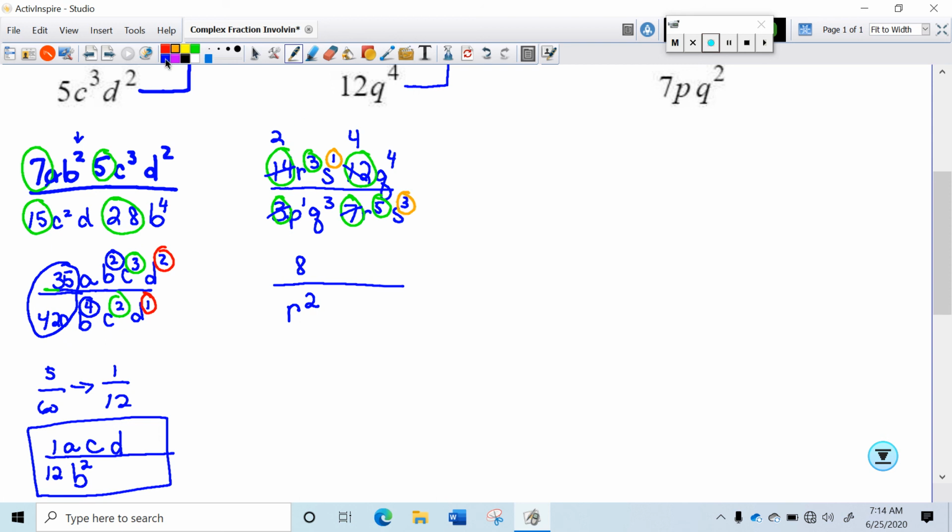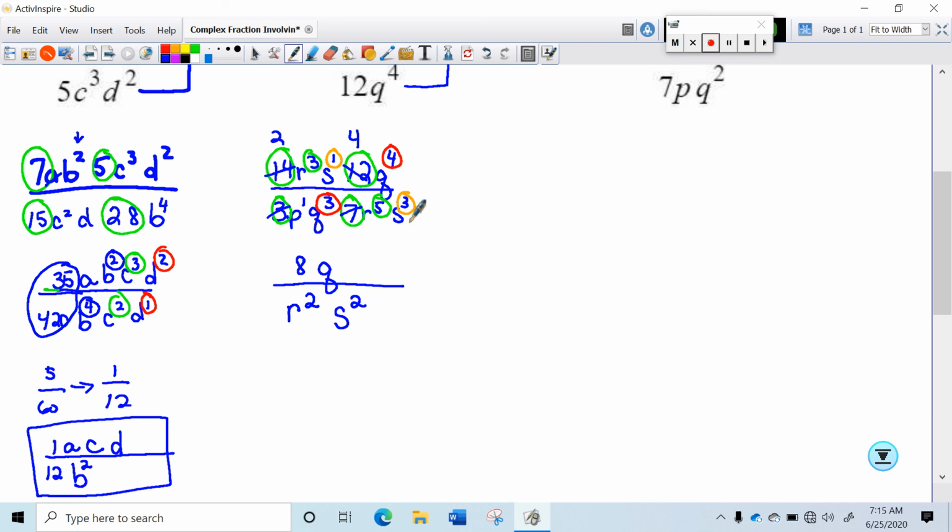The biggest s is on the bottom, so I'm going to put my s on the bottom and subtract. 3 take away 1 is 2. For my q's, I have a 4 and a 3. So the biggest one's on top, which means my q is going to be on the top. Subtract: 4 take away 3 is 1, but if it's 1, you don't need to put it with the exponent.